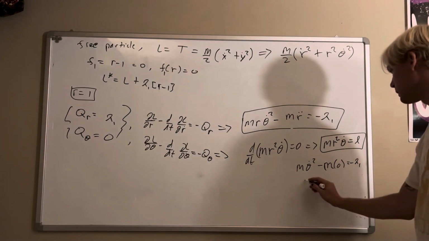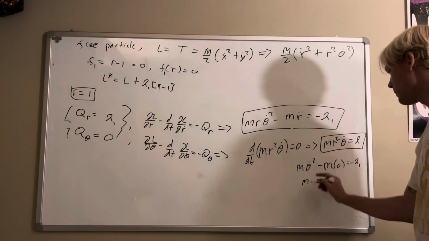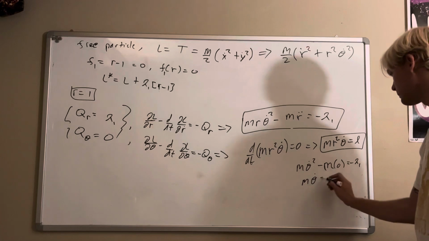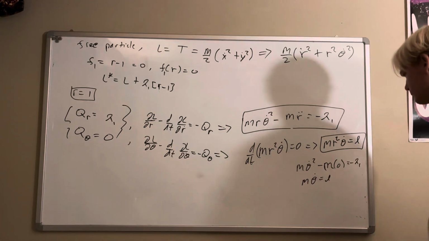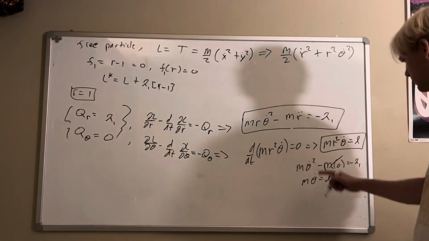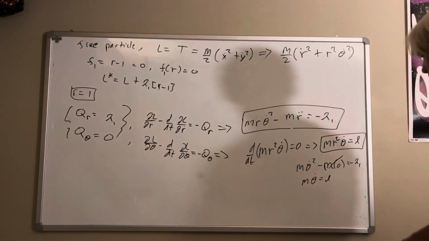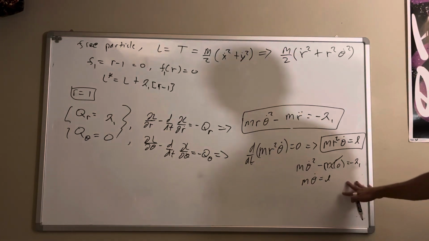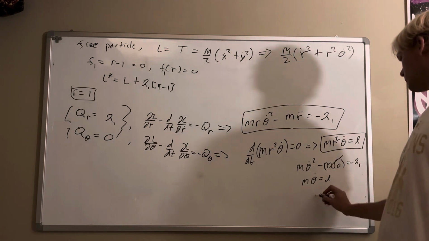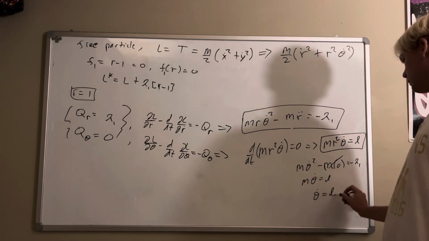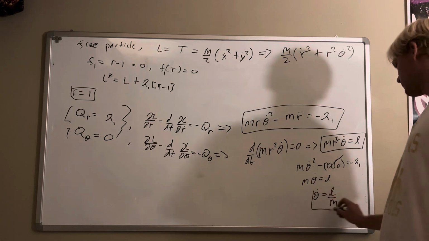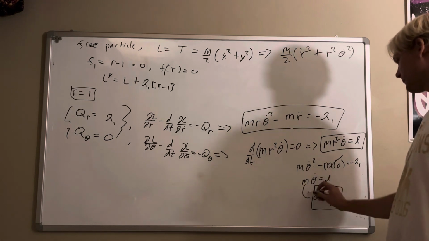And then we also get m times 1 times theta dot is equal to L. So we have 2 equations and 2 unknowns. We know theta dot is equal to L over m because of this guy.